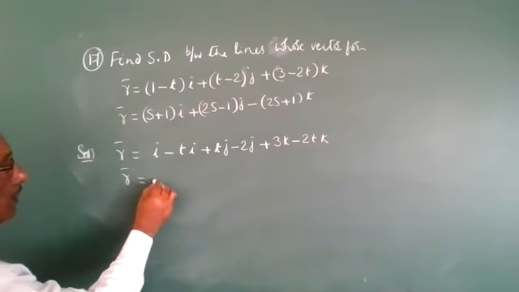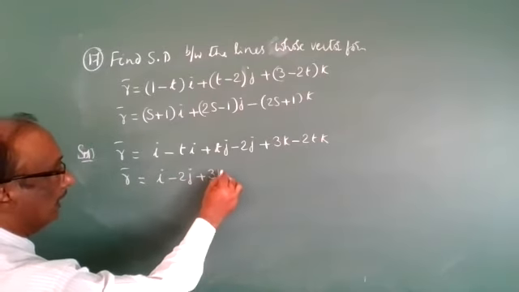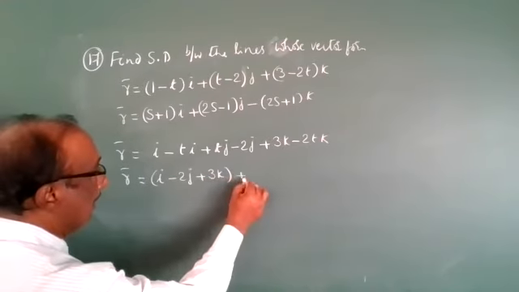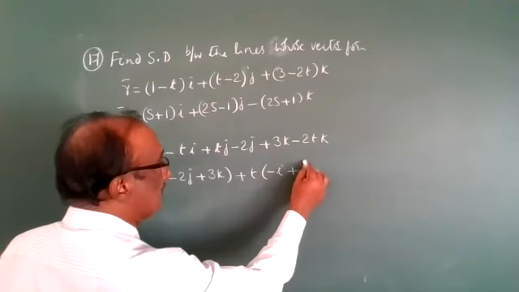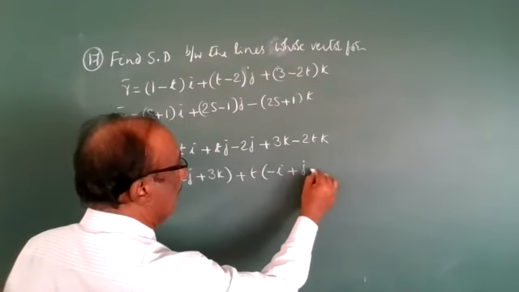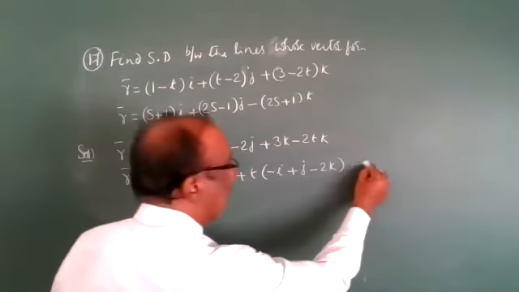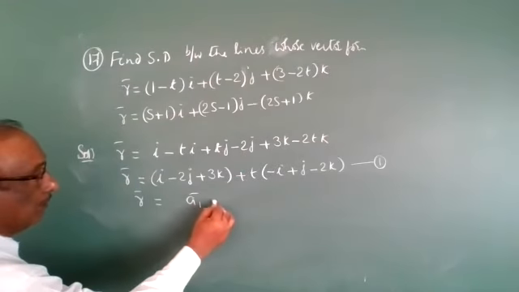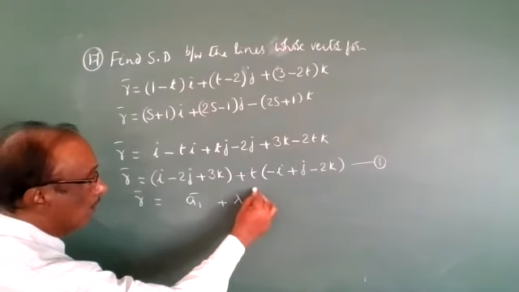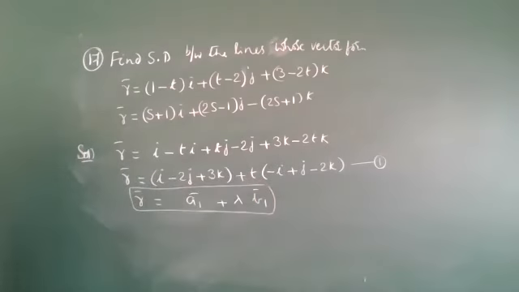Now write r bar is equal to i minus 2j plus 3k, plus t taking common, minus i plus j minus 2k. This is in the form of the first equation, r bar is equal to a1 bar plus lambda b1 bar. One is completed. Take the second equation and write down.